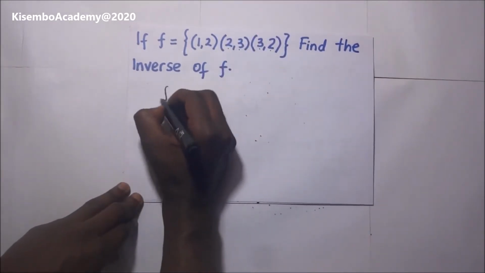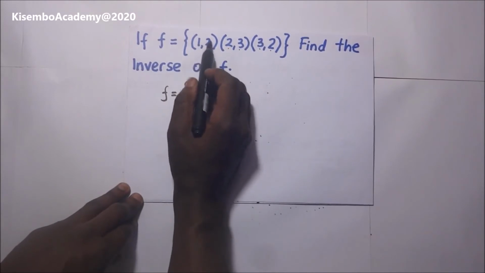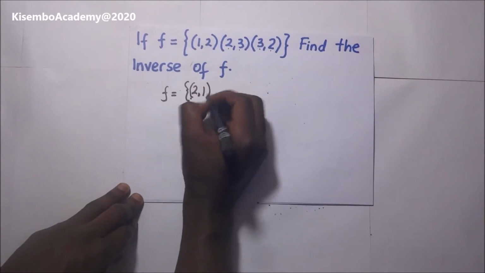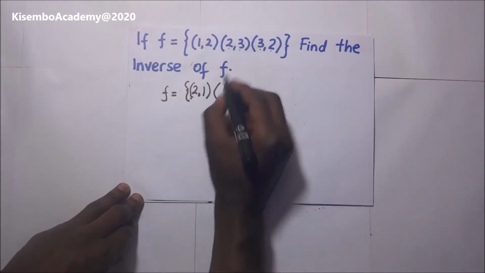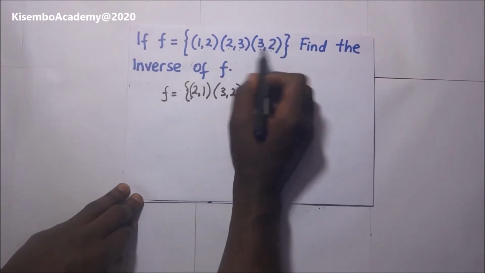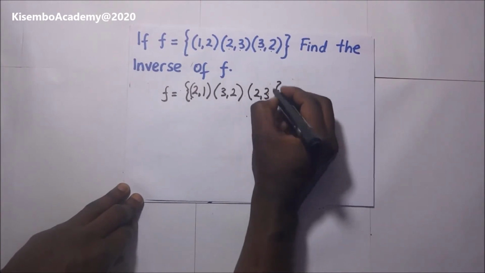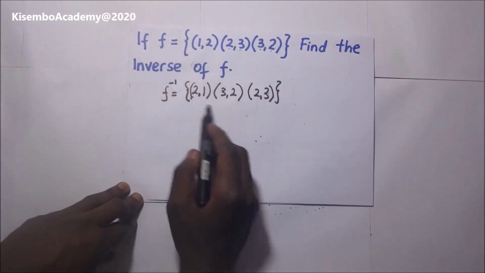So the ordered pairs are going to become, this is 1, 2, so the reverse of this is definitely 2, 1. Then this is 2, 3, the reverse of this is 3, 2. Then this is 3, 2, the reverse of this is 2, 3. And definitely this is now the inverse of that.